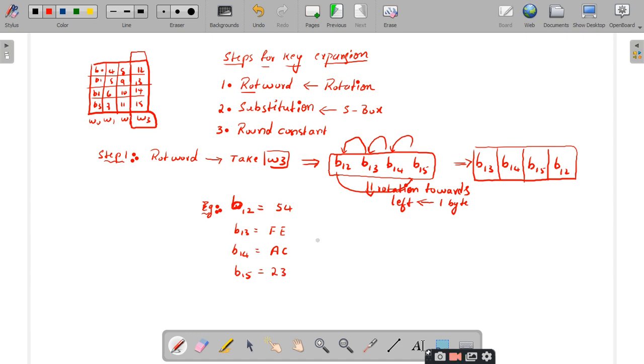Let us take it like this. So these are the bytes of W3: B12, B13, B14 and B15. These constitute word 3 of K0. I have to arrange it in this order: 54, FE, AC followed by 23.